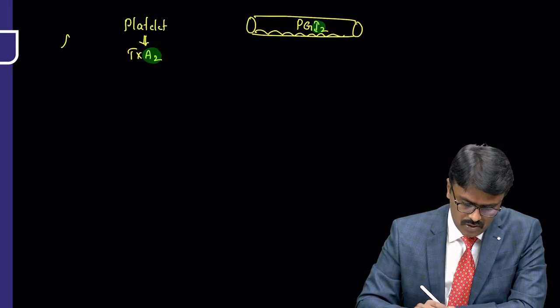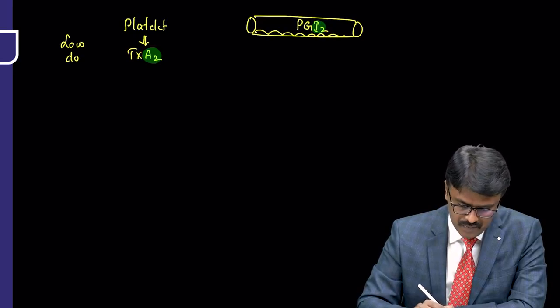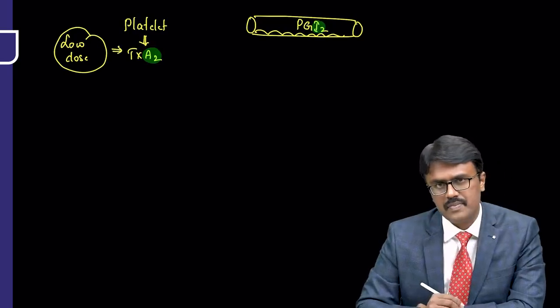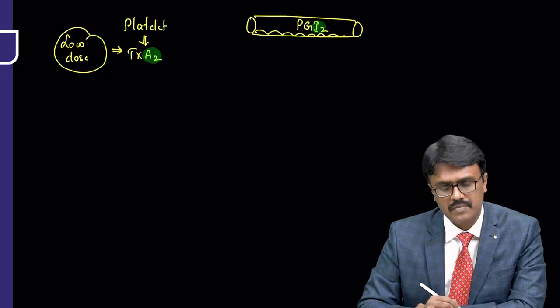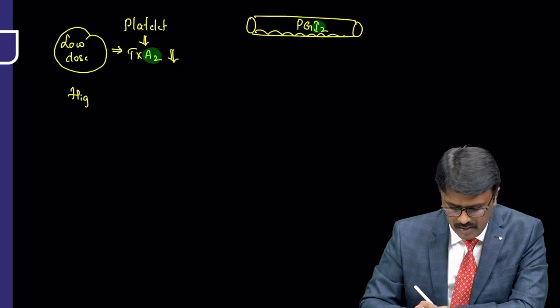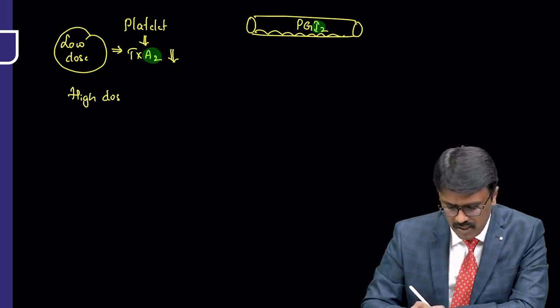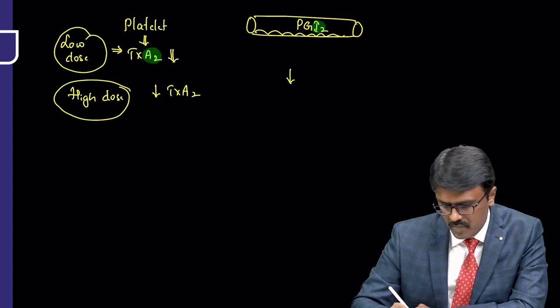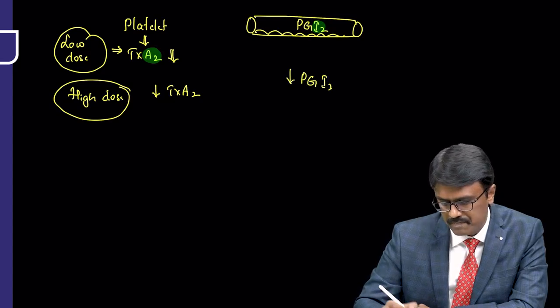Now when we give low dose of aspirin, it only acts on platelets and decreases thromboxane A2. But when I use a higher dose than what I have mentioned, it not only decreases thromboxane A2 in platelets, it also decreases PGI2 in the blood vessels.